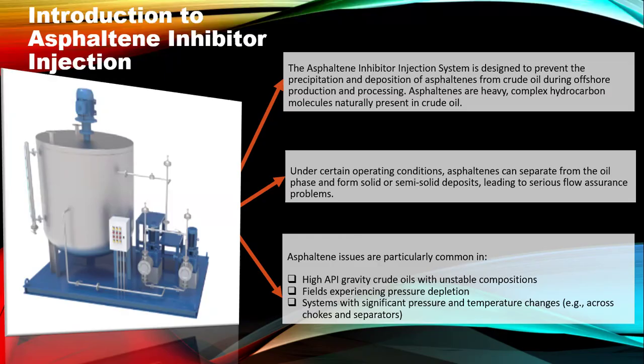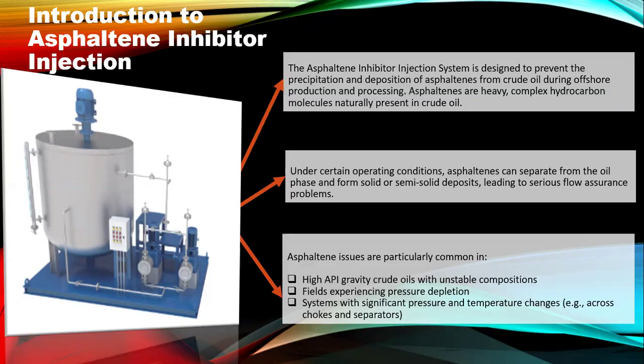Under certain operating conditions, asphaltene can separate from the oil phase and form solid or semi-solid deposits, leading to serious flow assurance problems. Asphaltene issues are particularly common in high API gravity crude with unstable composition.